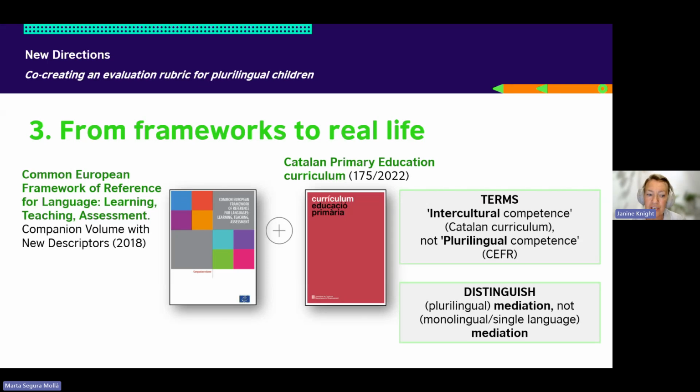So we wanted to make sure that the descriptors in the rubric referred to 2 or more languages without actually specifying which languages. And just to mention that now we are seeing the term cross-linguistic mediation and intralinguistic mediation being used in official Council of Europe websites and documents, which is great.